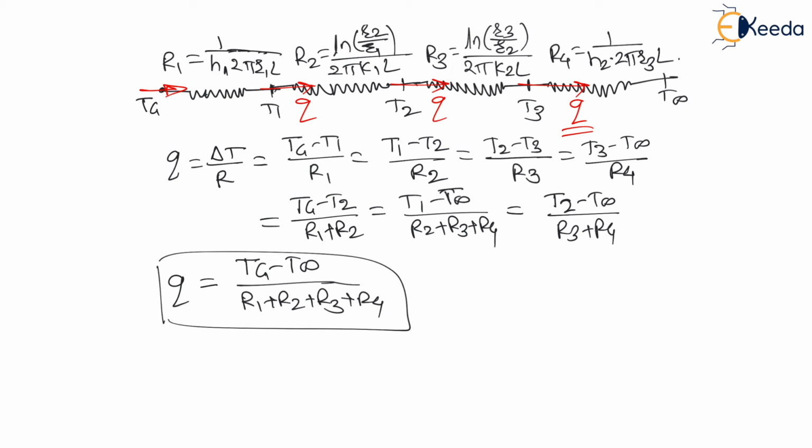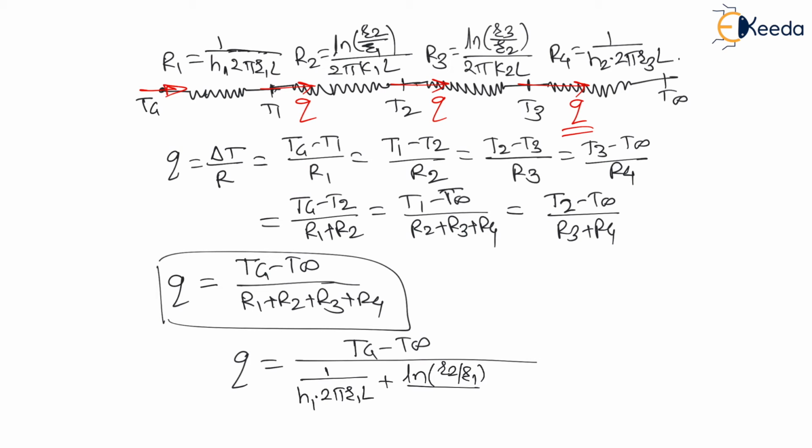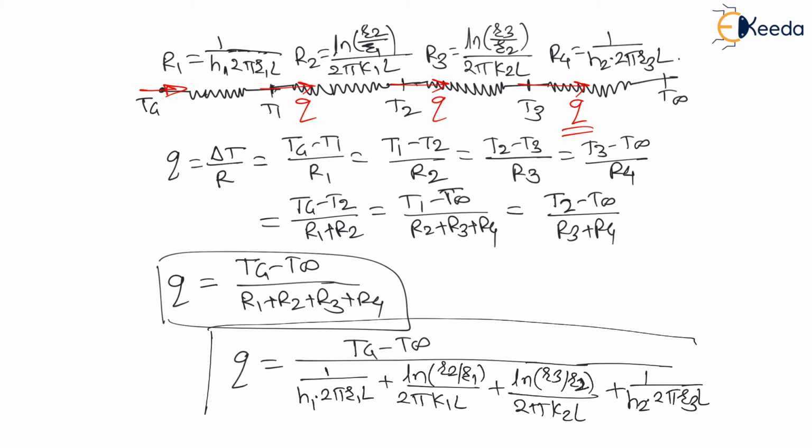First of all, let us calculate this Q. Therefore, Q will be equal to Tg minus T infinity divided by, now R1 is 1 upon H1 into 2 pi R1 L, plus R2 is ln of R2 divided by R1 divided by 2 pi K1 L, plus R3 is ln of R3 divided by R2 whole divided by 2 pi K2 L, plus R4 is 1 upon H2 into 2 pi R3 L. This is how, in terms of overall resistance, we can calculate the heat transfer in watt.